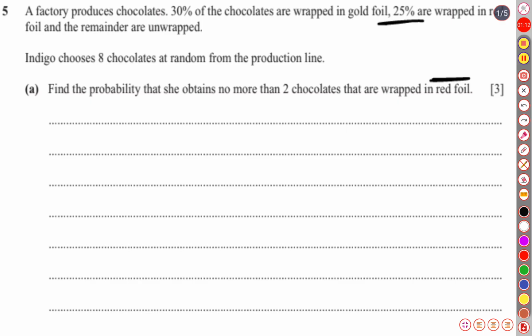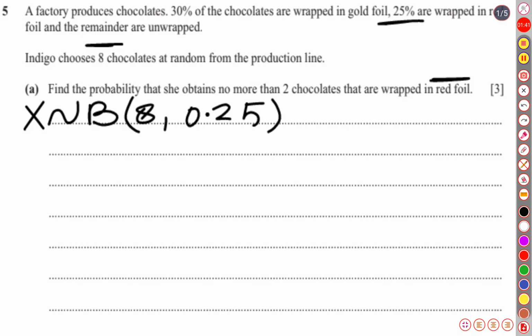And as they have given the total number of experiments, the question belongs to binomial distribution. So let's write X belongs to binomial distribution. For binomial distribution, the parameters are the total number of experiments n as well as p. So n is 8 and the individual probability is 0.25.